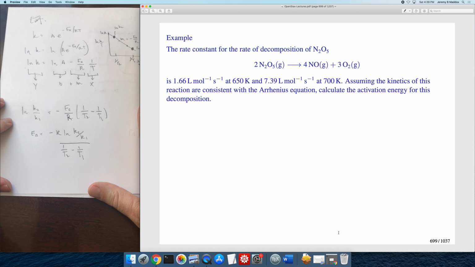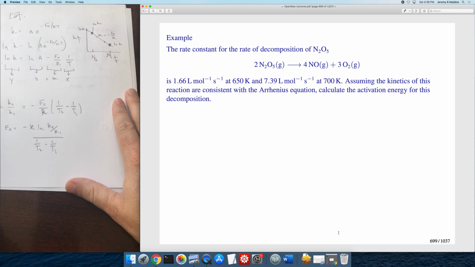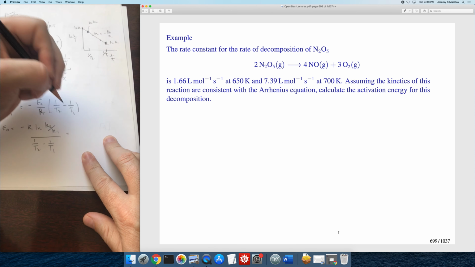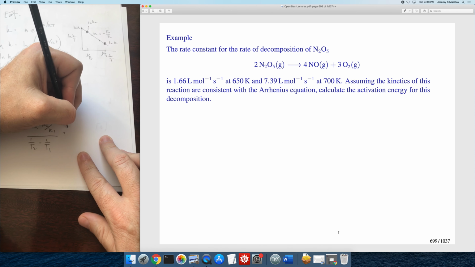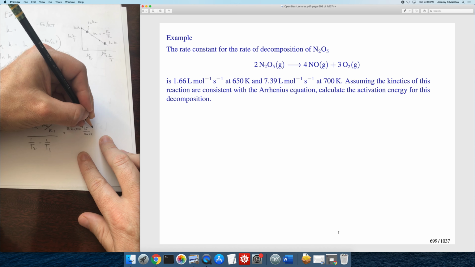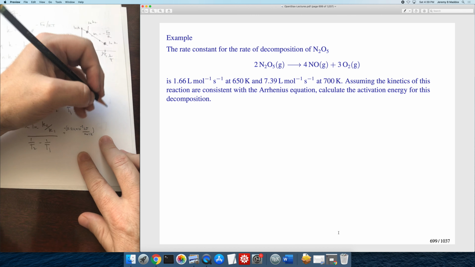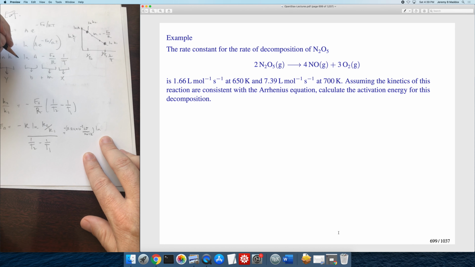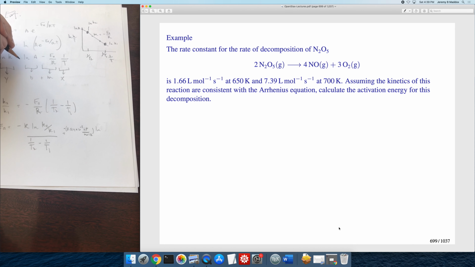To get the value, let's plug in the numbers here. 8.314 times 10 to the minus 3. This will be kilojoules per mole per Kelvin. Don't forget the minus sign. Natural log of the 2 rate constants. Let's call this k1, T1, k2, T2.